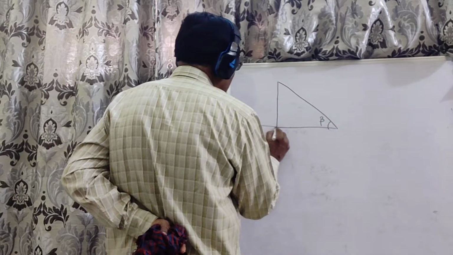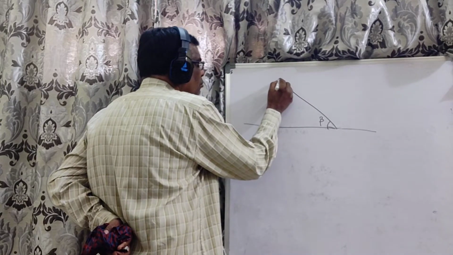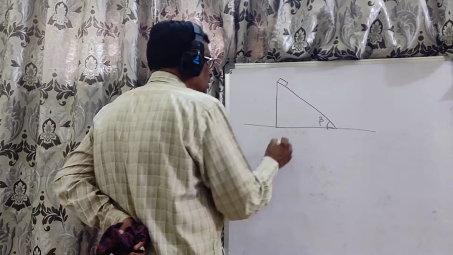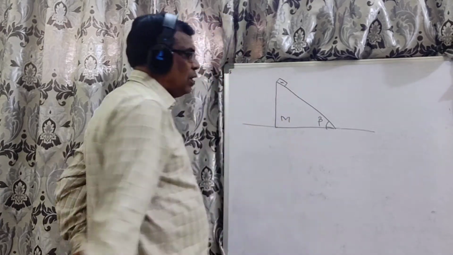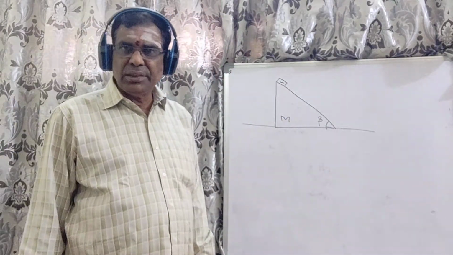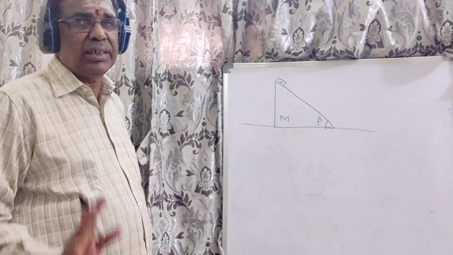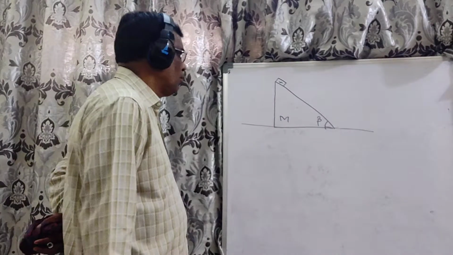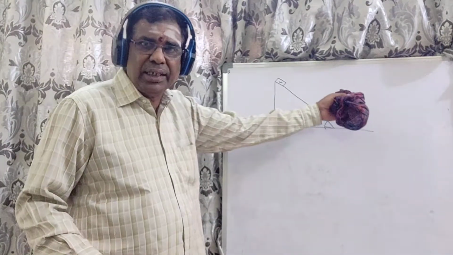Now, this is a smooth surface. Here is the body. Maybe this also has a certain mass. Now I am getting into the complications of how to get the normal force. You have to be very careful in answering these things. You can no longer write N is equal to mg cos theta.